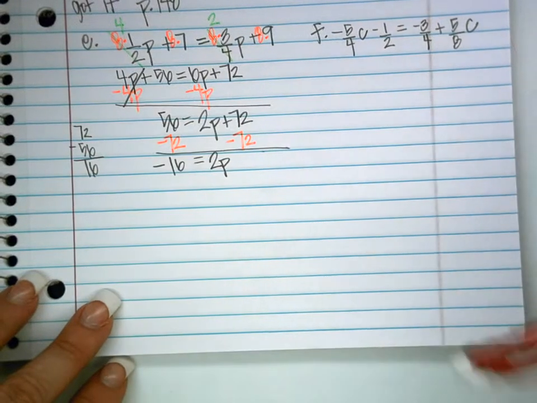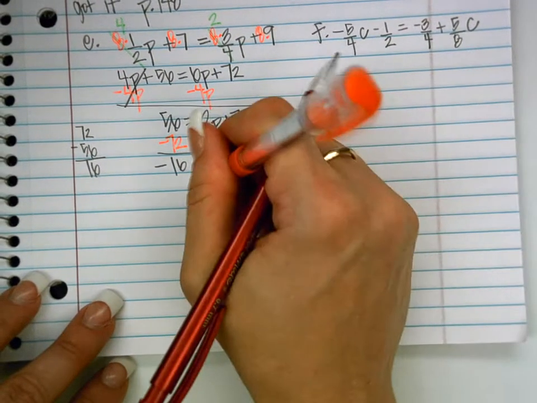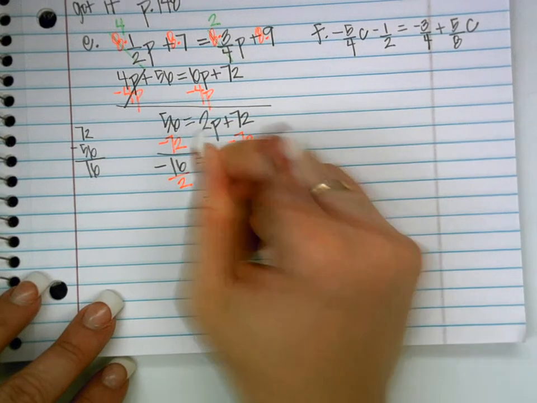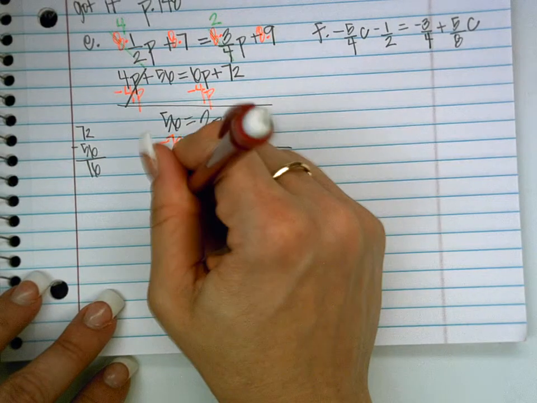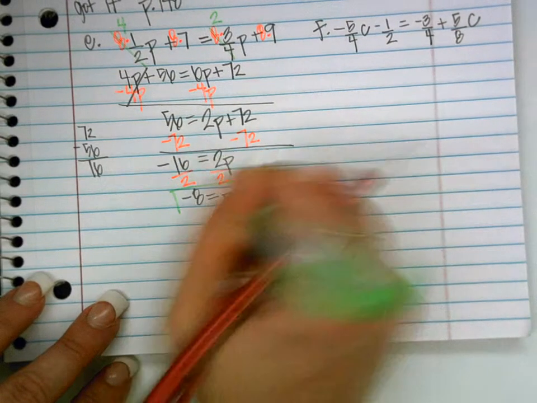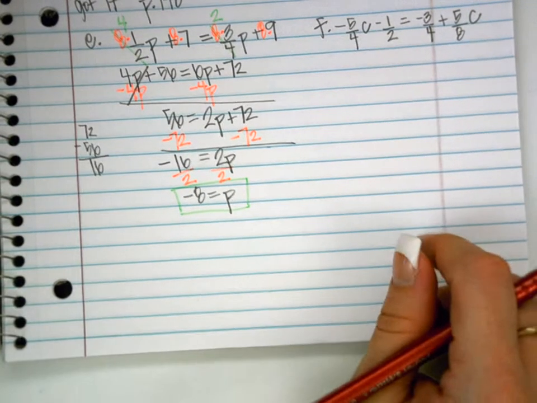Then divide everything, and you'll get negative 8 as your answer. So these are getting a little bit more complicated, but these are the kind of problems that you're going to see on your test.